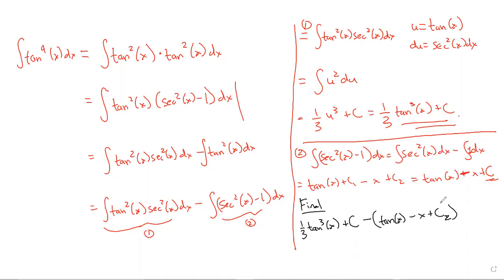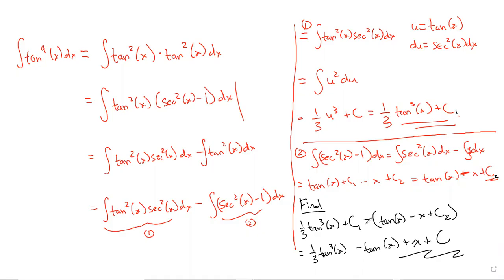We'll call those C1 and C2. And our simplified result becomes 1/3 tangent cubed x minus tan x plus x plus some arbitrary constant in its entirety. And we have our final result down here in the lower corner.